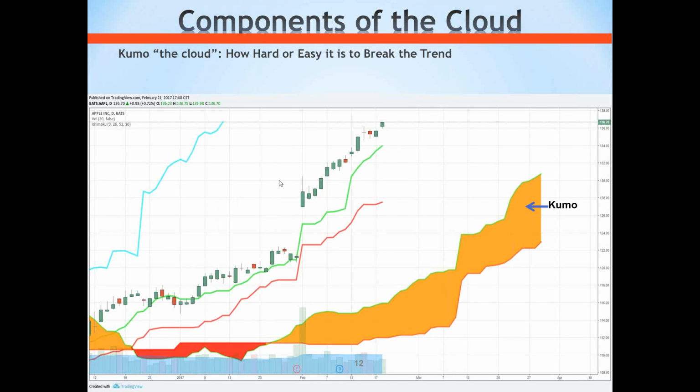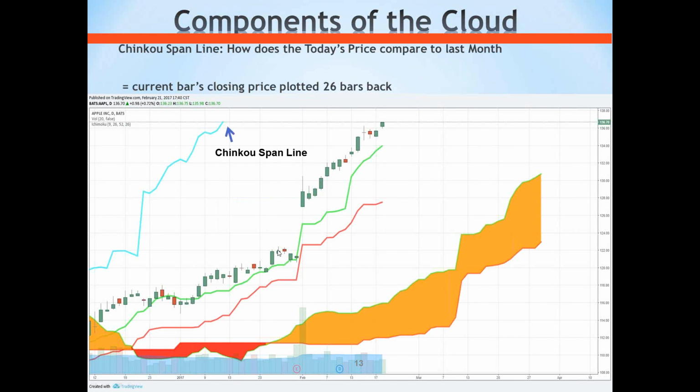So the teal line, or the aqua colored line, is called the Chinku span line, and a lot of cloud practitioners don't even pay attention to it. I'm one of them. It's just the closing price of the current bar plotted 26 candles into the past, okay? Some traders use it as a final confirmation check against the setup they're seeing on the rest of the cloud components.